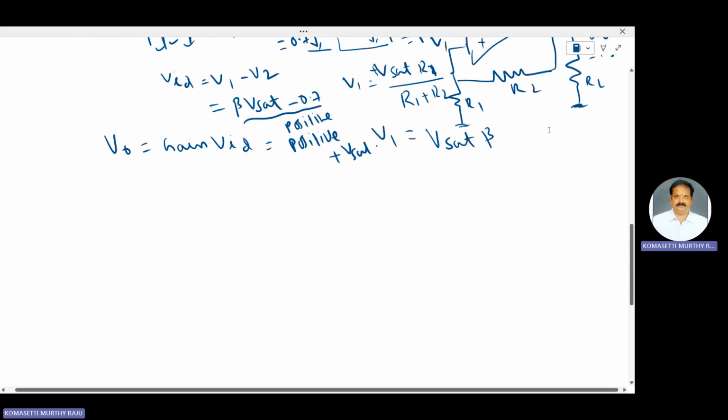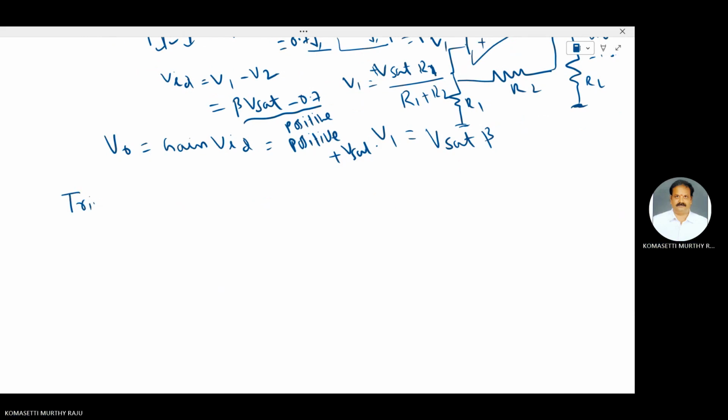Now we will see the graphs. Here the trigger signal. Initially the trigger signal is at high level, not applied here.